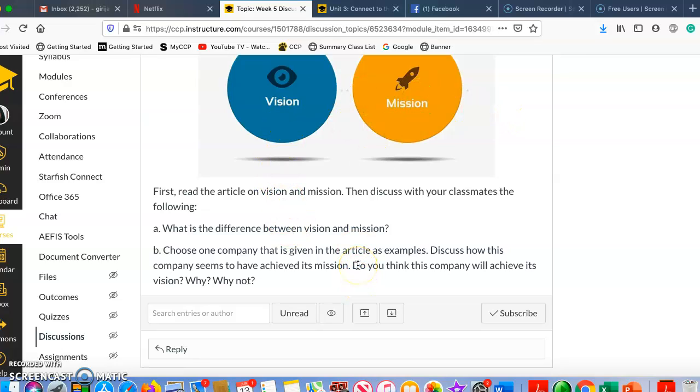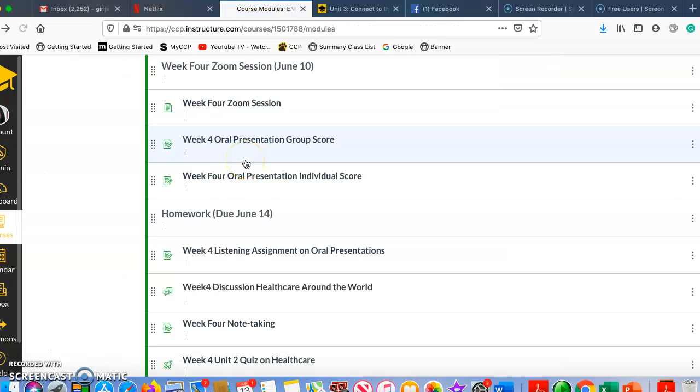And then in the article, they give you several examples of different companies like Tesla, Google, and so on. So you want to read it, and particularly the vision and mission, and whether this company has achieved its mission, right? If they say this is what our purpose is, have they achieved it, and why not? So that is one thing based on that reading.